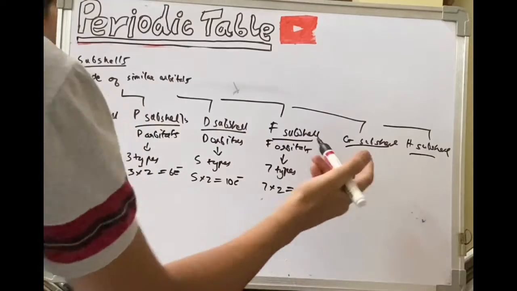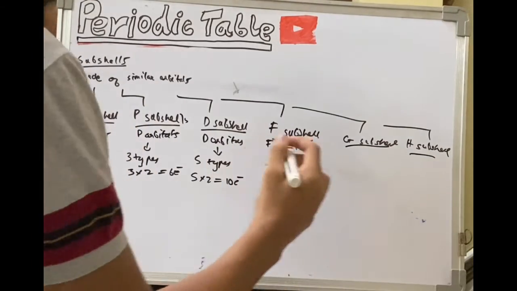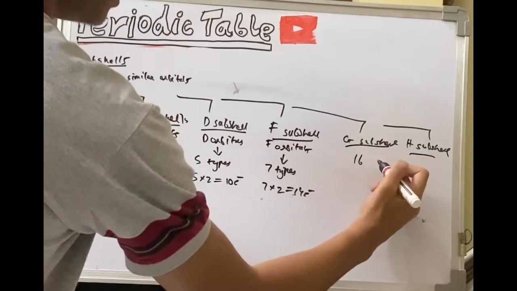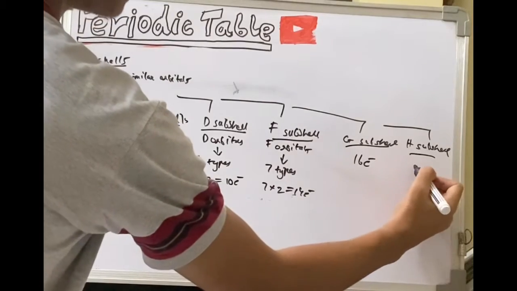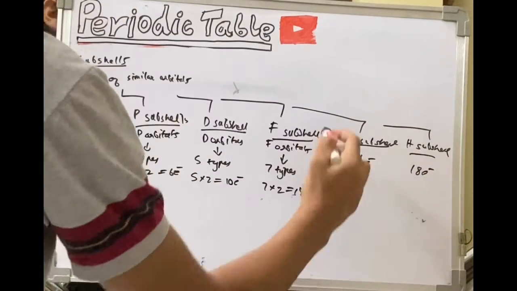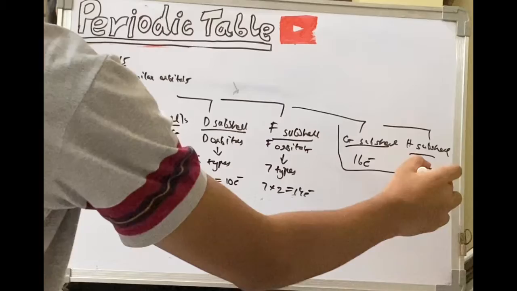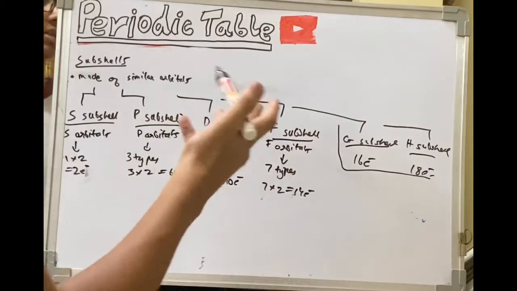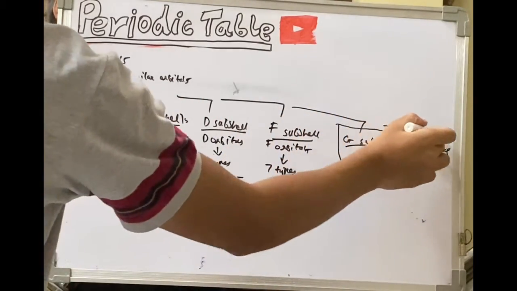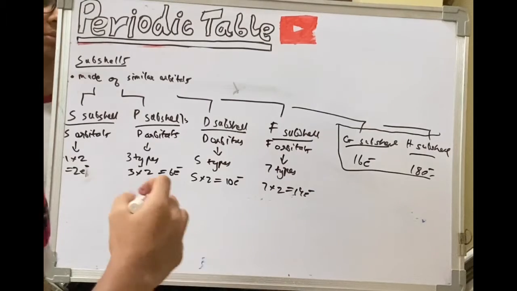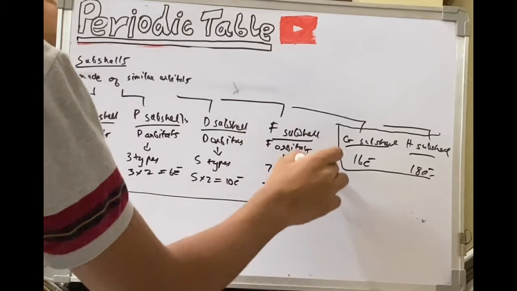Now you can calculate for the next ones also. So for this it will be 16, and for this it will be 18. These aren't used much, but these are proved mathematically and not theoretically in chemistry. So we'll mainly deal with these only for now.